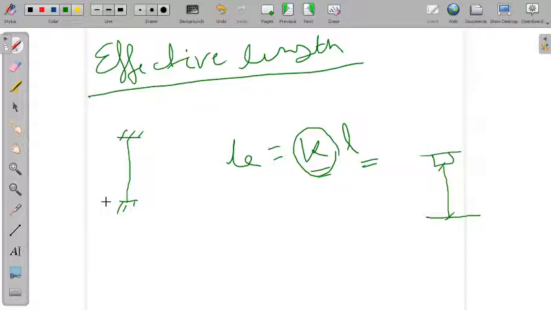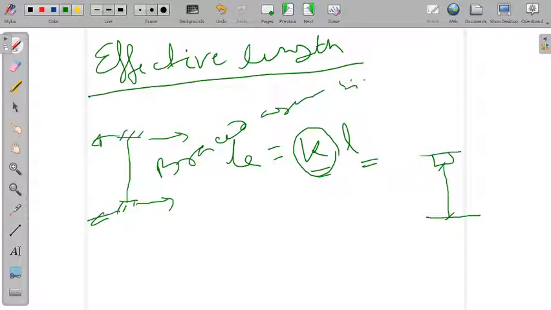Now what is the definition? I said braced means the relative transverse displacement between the upper and lower ends of the column is prevented. You see here, it cannot move horizontally, not in this direction, not in this direction. Here also it cannot move, so relative displacement is prevented. Then it is called braced against sideway. Now take another example.